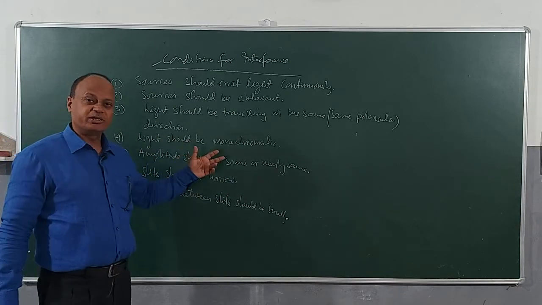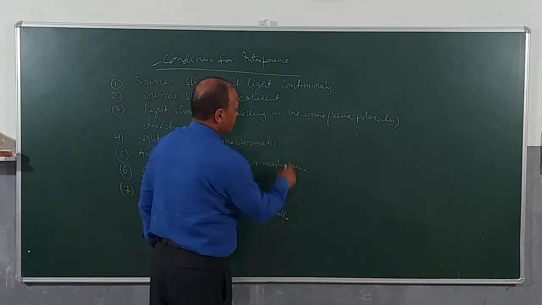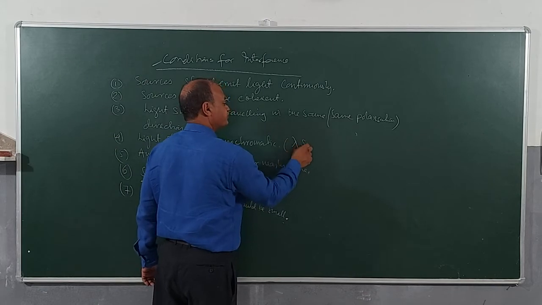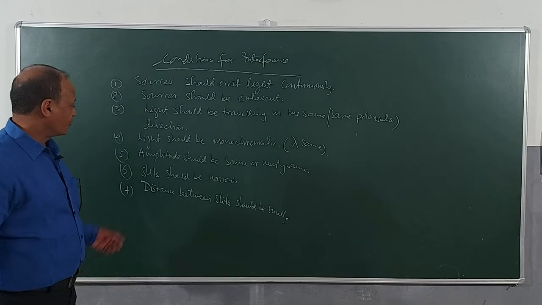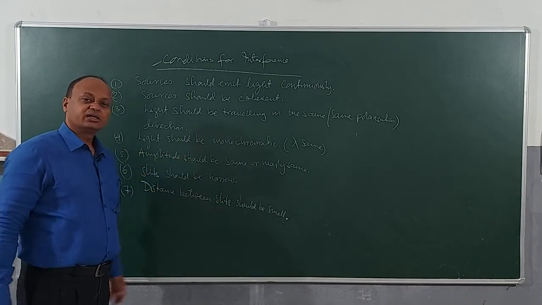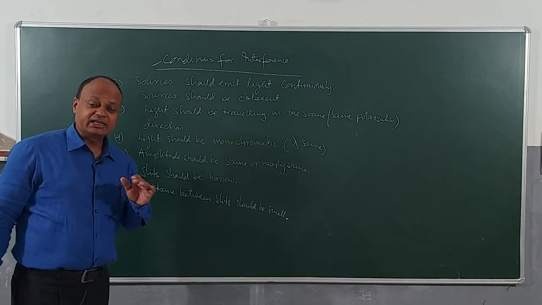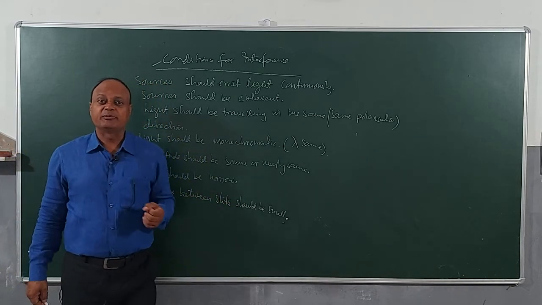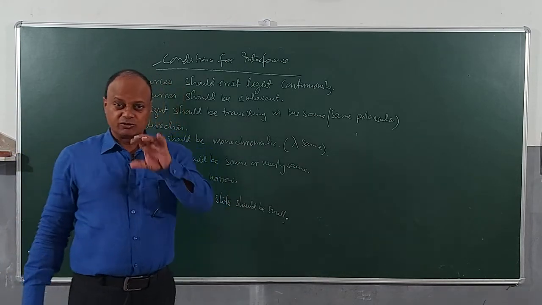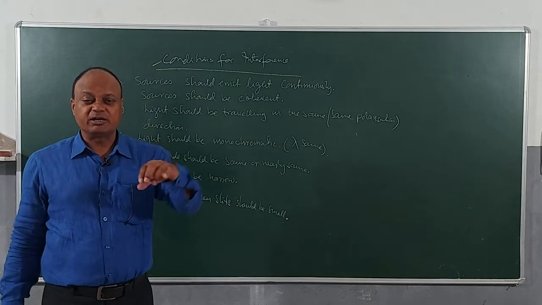Light should be monochromatic. Monochromatic means lambda should be same, wavelength should be same. Then you have amplitude should be same. Ideal case amplitude will be same. If the amplitude is same, then minimum intensity will be 0. So, we can more clearly see what is minima and what is maxima.